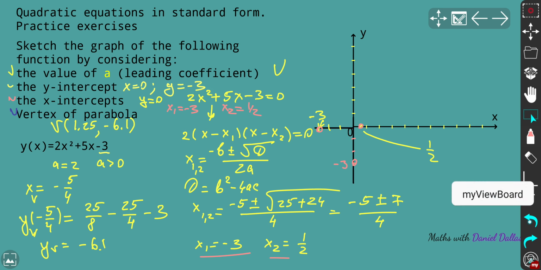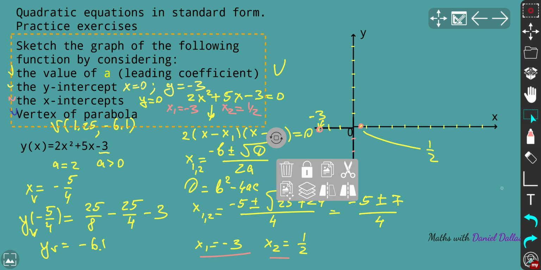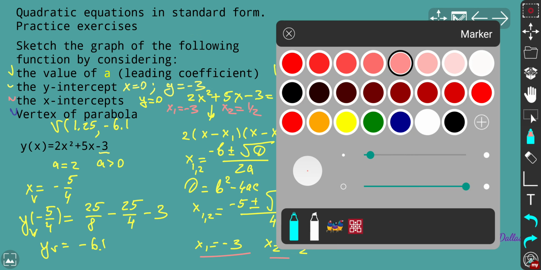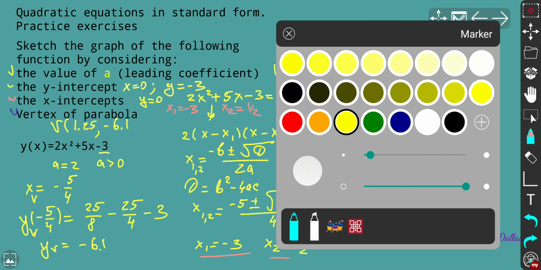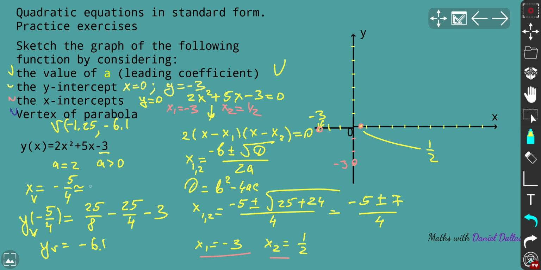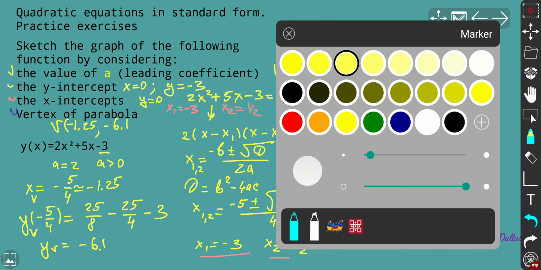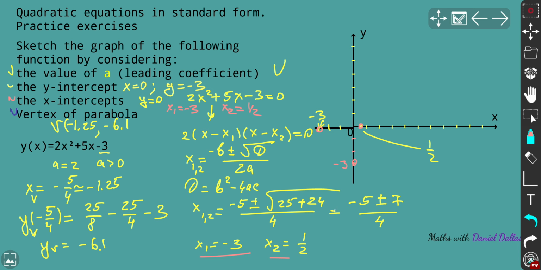Negative 1.25, yeah, we didn't put the negative sign. It's going to be negative 1.25, I just forgot to put the minus, because I saw that something was wrong. So negative 1.25 is somewhere here on the bottom side. So approximately your vertex is going to be somewhere here. That's your vertex.